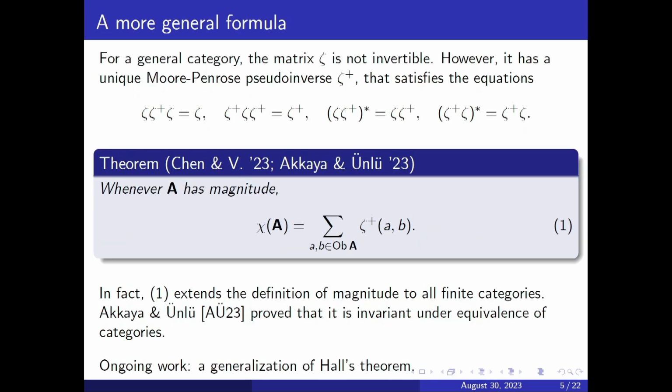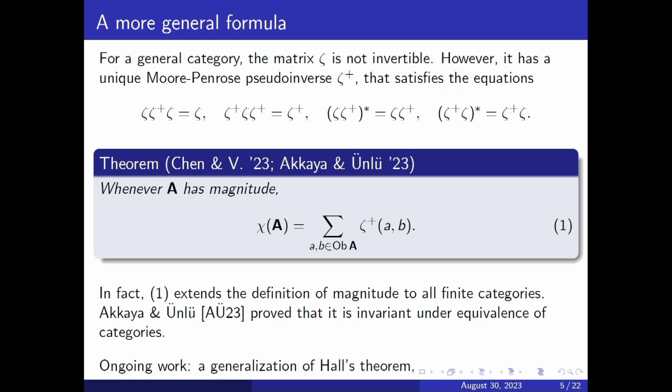Now, if you have a general category, this matrix zeta won't be invertible in general. Okay, but what you can compute is the Moore-Penrose pseudo-inverse, which is another matrix that satisfies these equations. Here I'm using matrix multiplication.